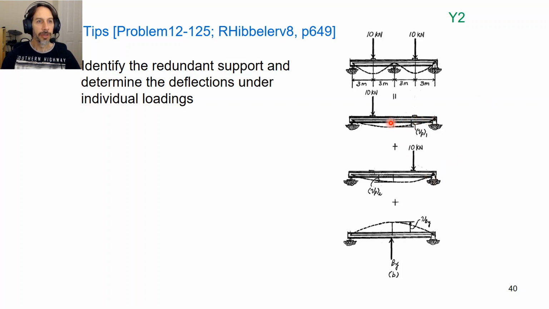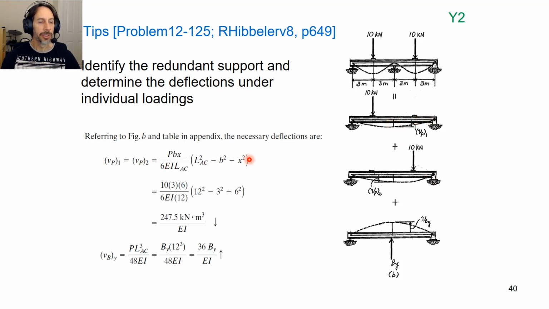So we want the deflection here. So we need to use this equation of the elastic curve, and we need to put in the correct value for x. So in this case it's going to be simple, it's just L over 2. So that's 6, as we can see here.